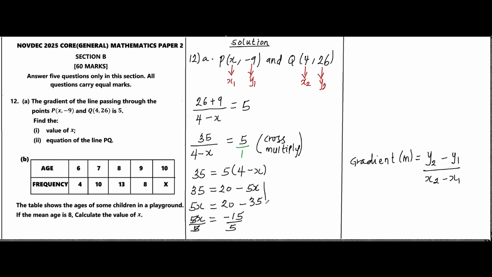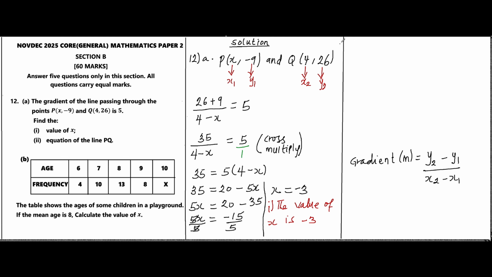Now we are left with x on the left, and then minus 15 divided by 5, we have minus 3. So we have answered the I part, which says we have to find the value of x. So the value of x is minus 3.